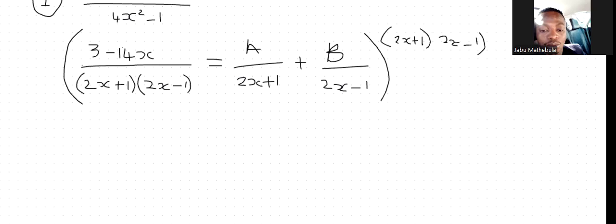If you take this and you multiply here, the 2x plus 1 will cancel the 2x plus 1. The 2x minus 1 will cancel the 2x minus 1. What does this mean? This means that on the left-hand side, we will be left with 3 minus 14x is equal to, all right.